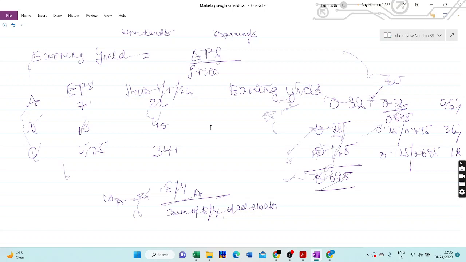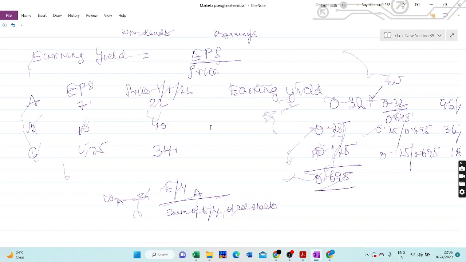So can I say that stock A is relatively inexpensive compared to its earning potential? Yes. It's offering more earnings at a lower price.